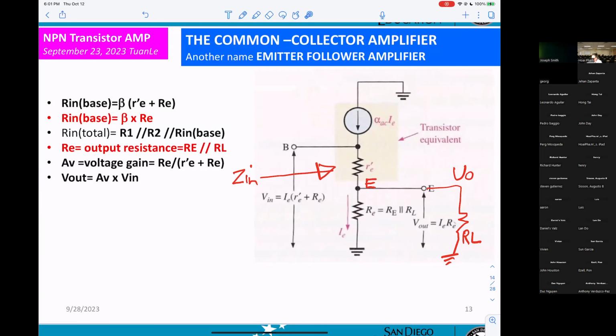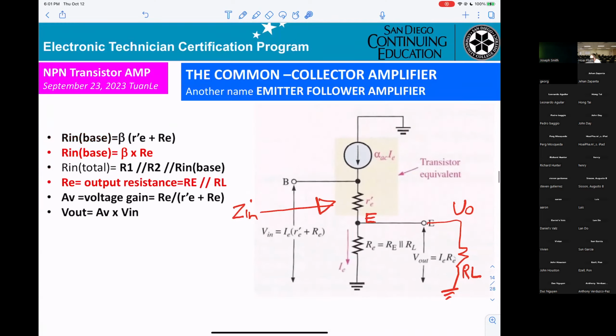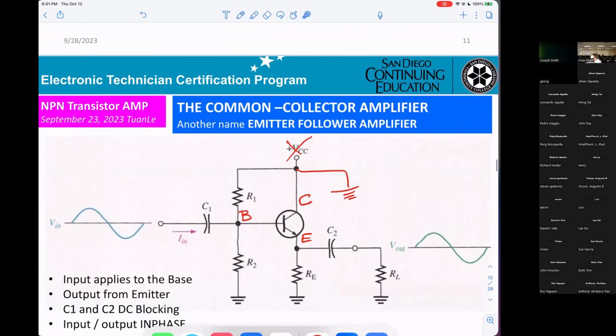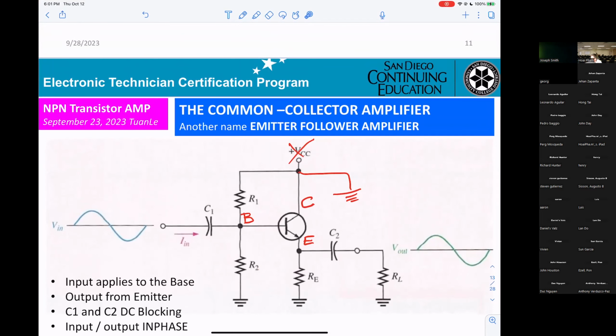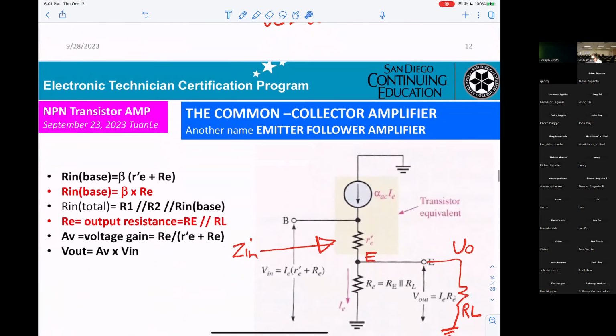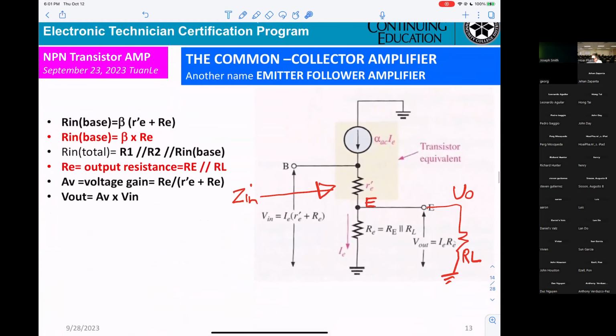Okay. R in base equal to beta times RE. R in total means you're looking from here into the base. You get R1 parallel with R2 and parallel with R in base. So that's why they give it to you here. R in total, R1 parallel R2 parallel R in base.